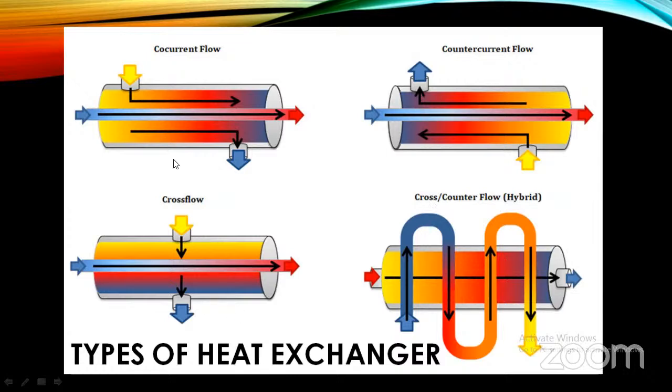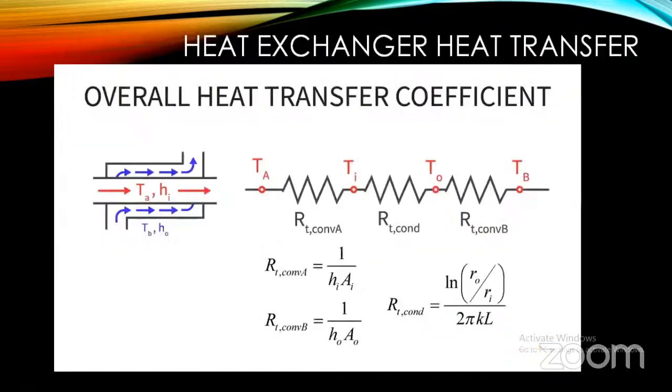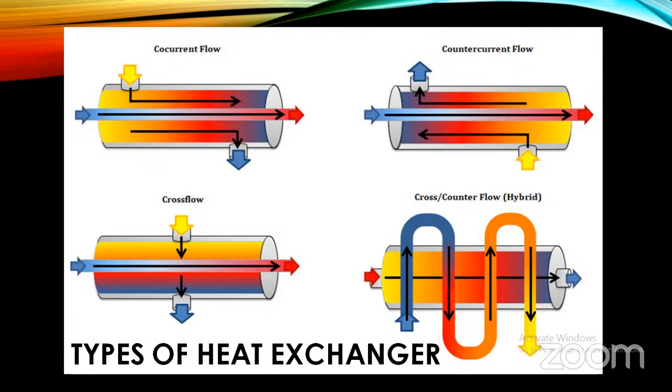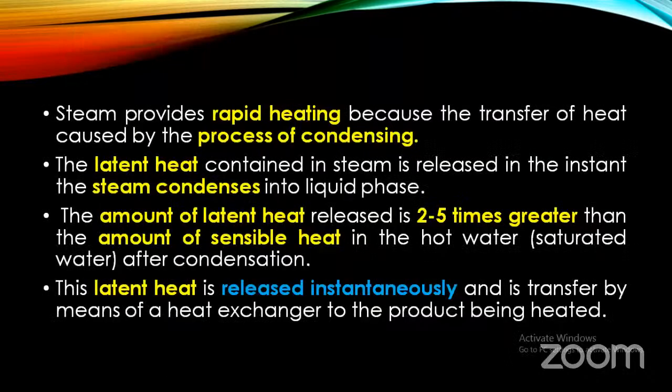Whatever the type of heat exchanger, the overall heat transfer coefficient has to be found out using these thermal networks. So we will arrive at the overall heat transfer coefficient, and then we will decide which type of heat exchanger can be used for optimum utilization of the steam.